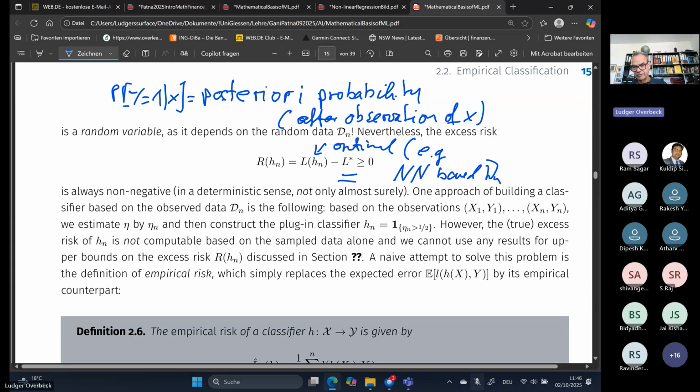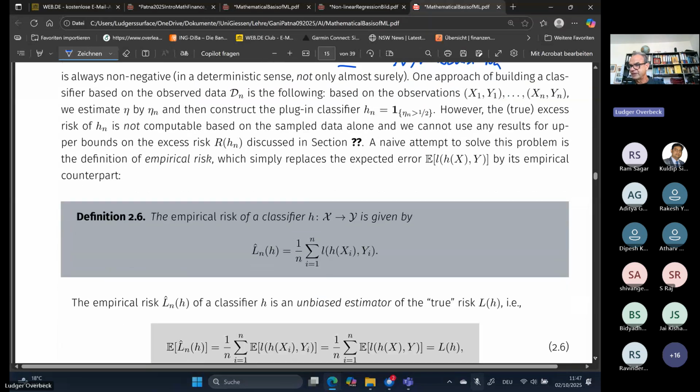That's what always done with this training. But still, you have to know how many data you need. So first you have to know how many data you need, and then you again do another approximation based on neural nets, which gives you in your neural nets the optimal one, for example. This will be also later. But the empirical risk classifier, that's the same as here.